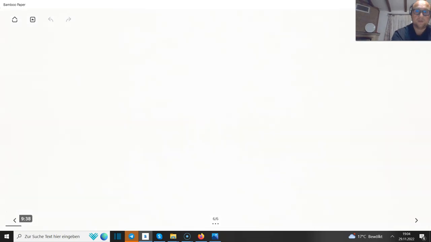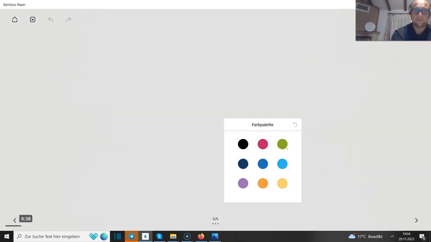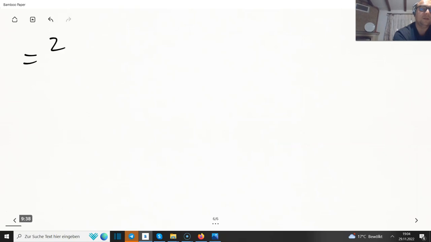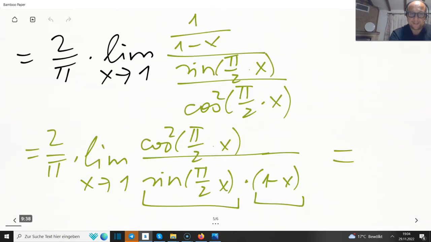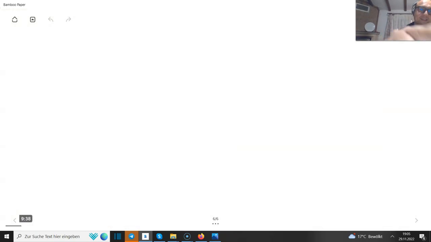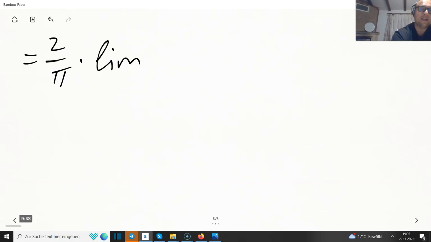I think I'm not going to do 3 examples tonight, but rather 2. But that's all right. So we got 2 divided by pi. I really have to go to L'Hospital if I'm going to make it completely fine here tonight. So we have a limit x towards 1 still.